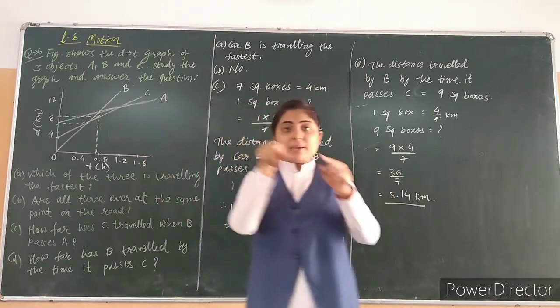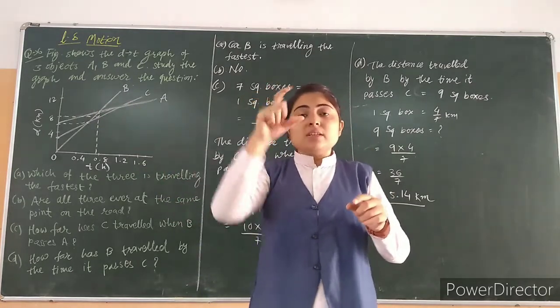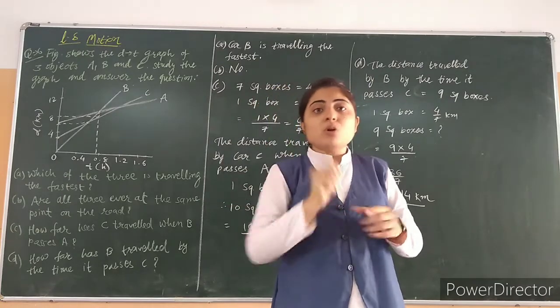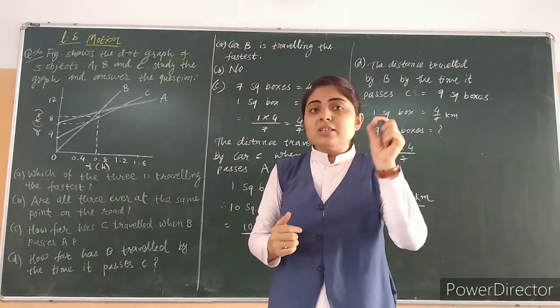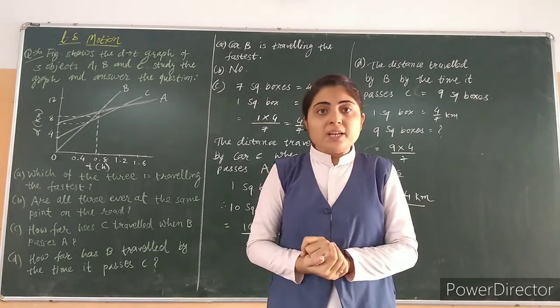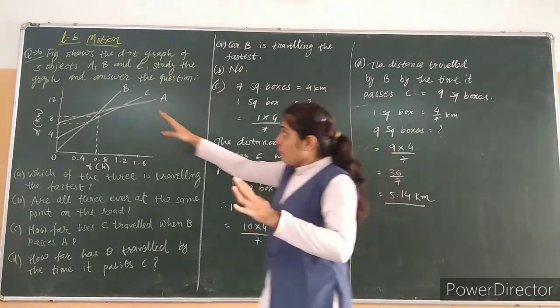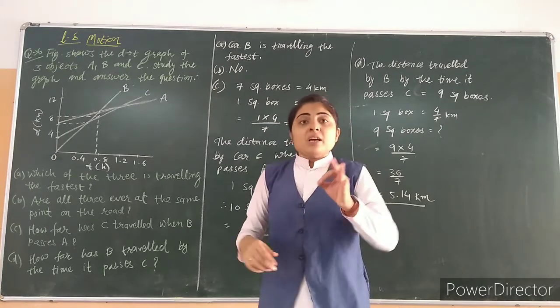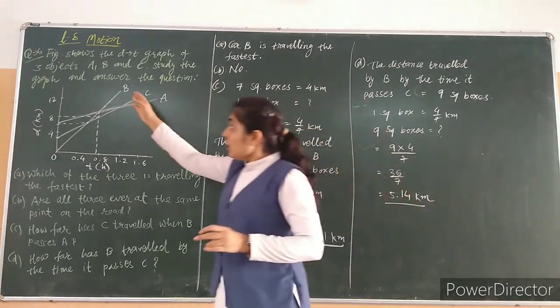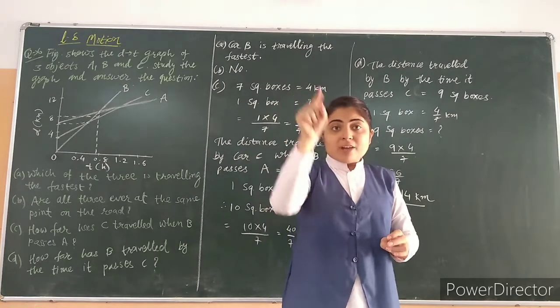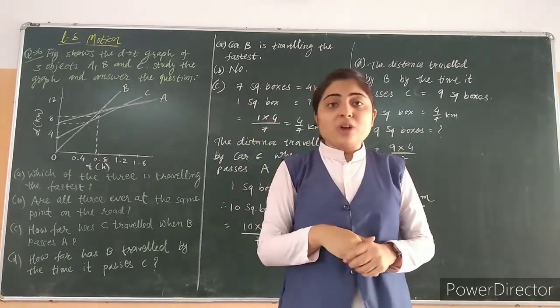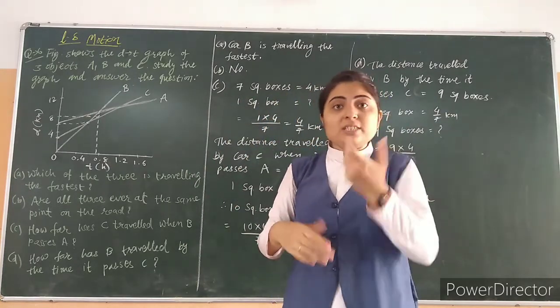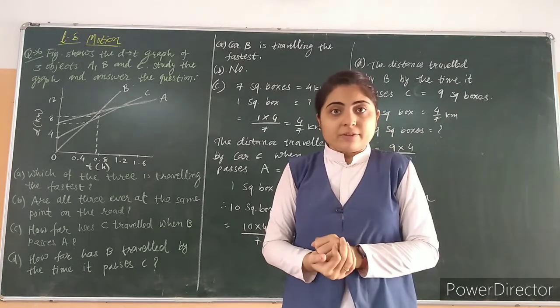By taking the ABC triangle, the ratio of BC upon AC will give the speed of that object, right? Here we are not going to find the speed, but remember, the ratio of BC to AC is the slope of the graph.